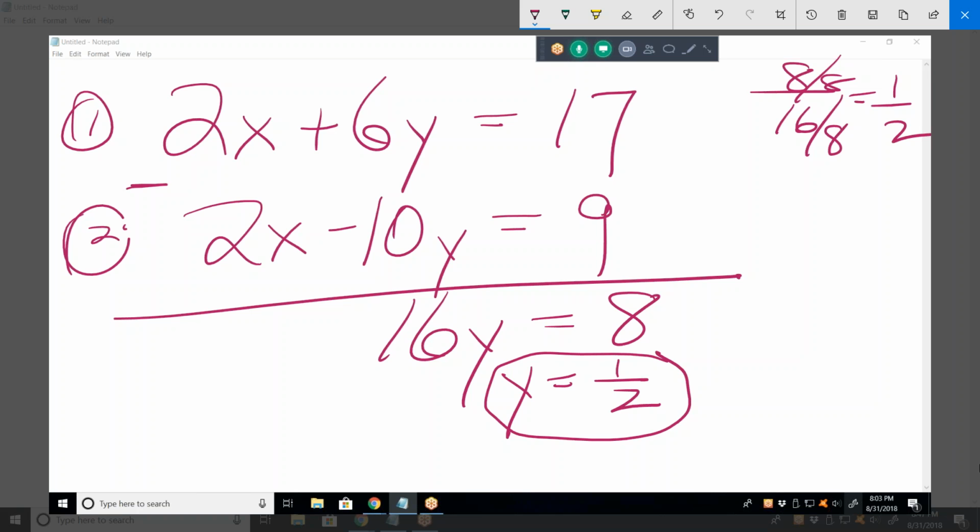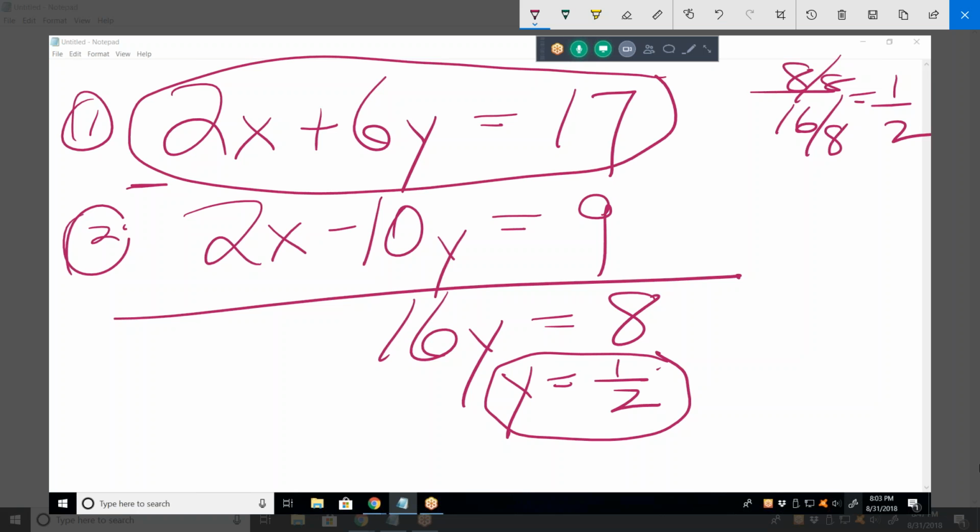Yeah, I don't think it makes a whole lot of difference. I usually try to choose the one that has the smallest numbers. Well, 6 is smaller than 10, 17 is bigger than 9, half a dozen of one, 6 of the other. Okay, so I'm going to use this equation here, solve for x.